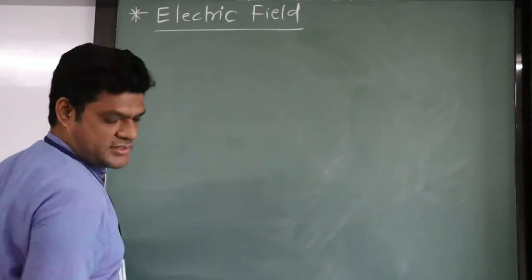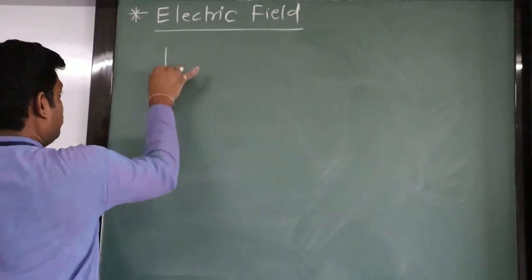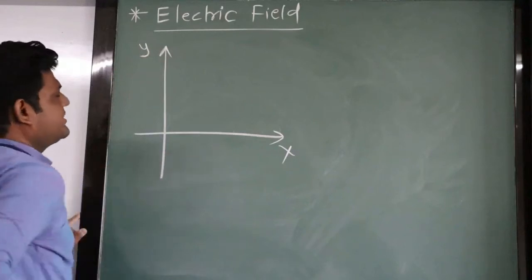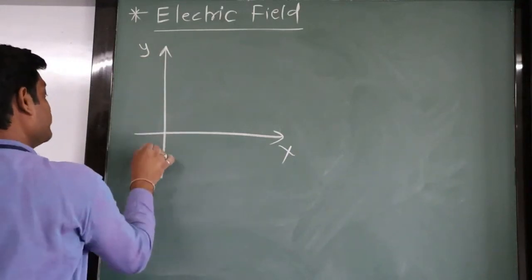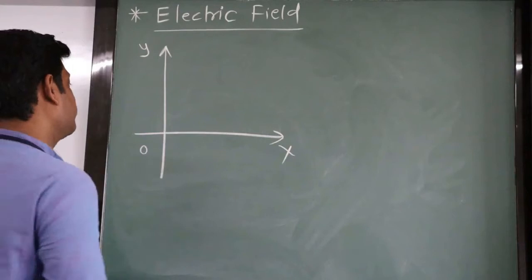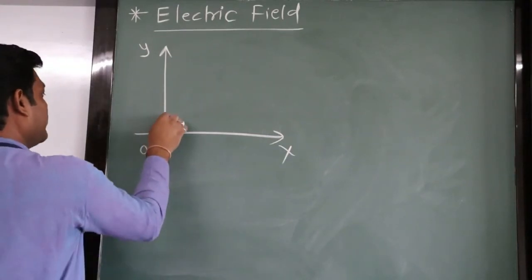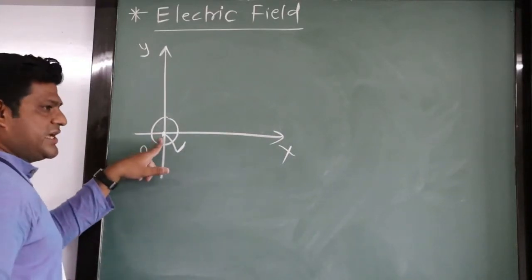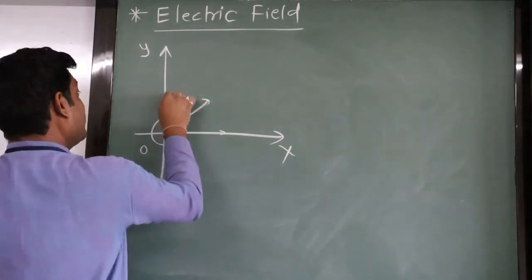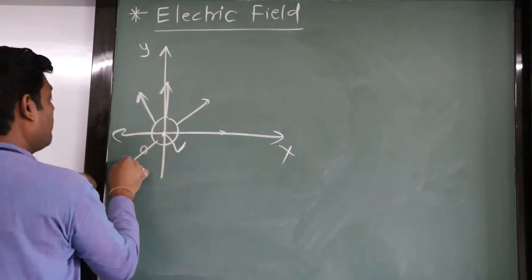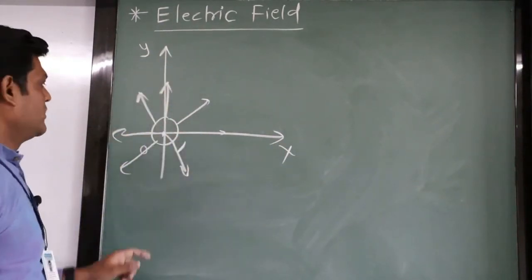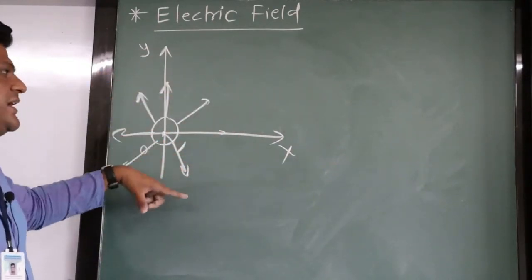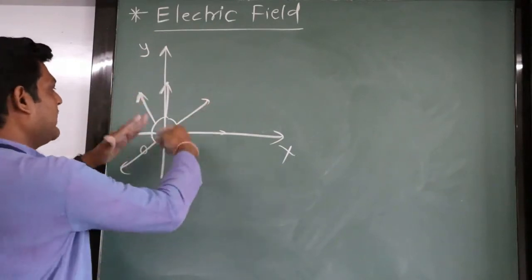Suppose we have a Cartesian coordinate system. This is the x axis, this is the y axis. At the origin, suppose we keep one charge. What we studied: around the charge, in all directions, radially outward, there is the presence of force, denoted by the vector lines.